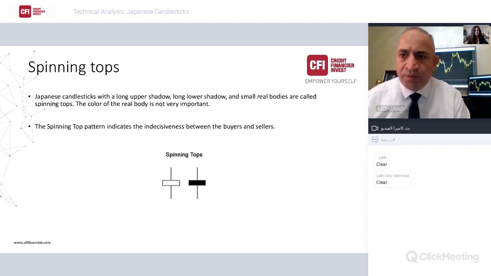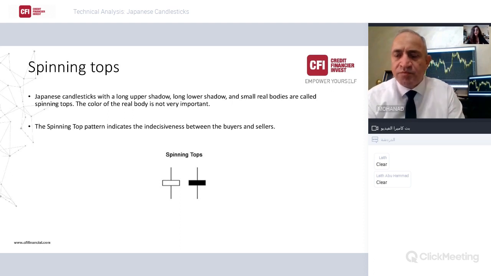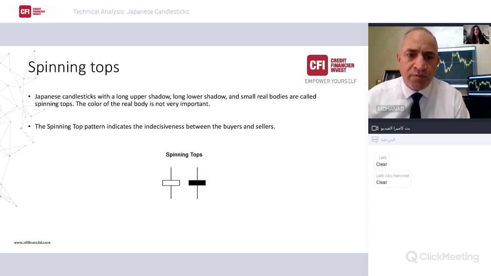So basically, a spinning top has a body and a tail. However, the tail, either upward or downward, is way longer than the body. Usually this indicates there's an indecisiveness between buyers and sellers. What does that mean? It means that people in the market want to buy at this moment. We reach the highest price.